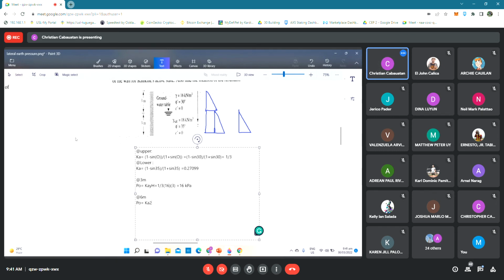Ka2 times your gamma H. Wherein your Ka2 is equal to 0.27099, okay? Times your gamma. Yung gamma na gagamitin natin dyan, instead of the saturated weight, doon natin ibabase kay gamma ng unsaturated, which is 16.